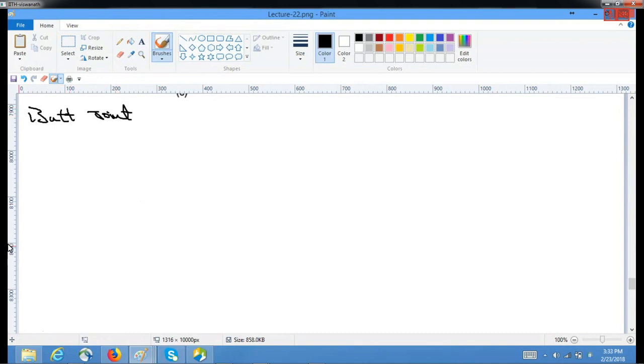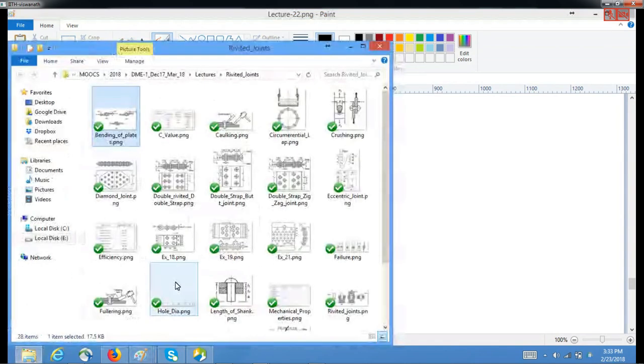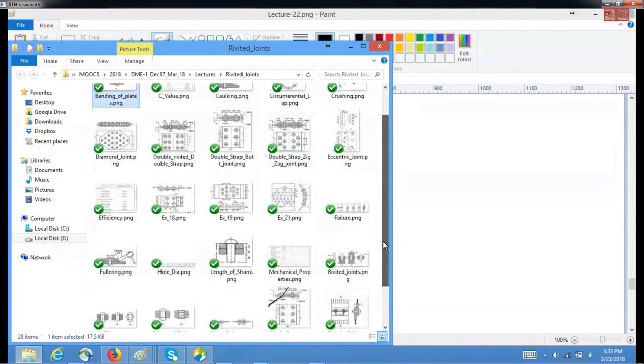So we will first start with the butt joint with a single strap. In this, two plates which are adjacent to each other are joined through a connecting plate which is placed only on one side.